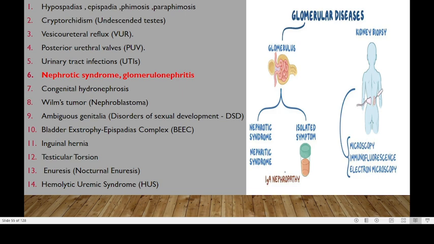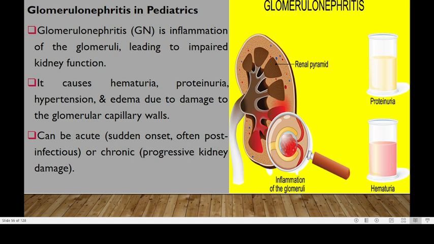So let's proceed to another sister condition to it, and that is glomerulonephritis. Glomerulonephritis. That is the inflammation of the glomeruli. And when it is inflamed, it leads to impaired renal function.